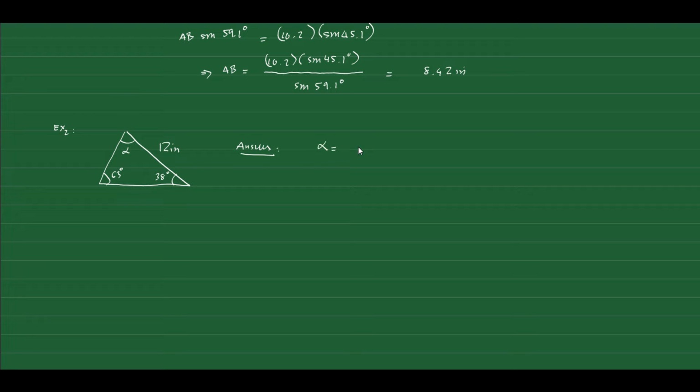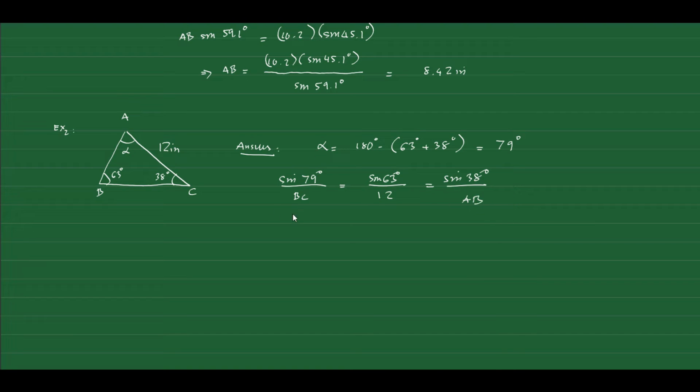So alpha, we will do the same thing, will be 180 minus 63 plus 38, which gives you 79. And now we can apply the law of sine. So sine of 79 over BC equals sine of 63 over 12 equals sine of 38 over AB.